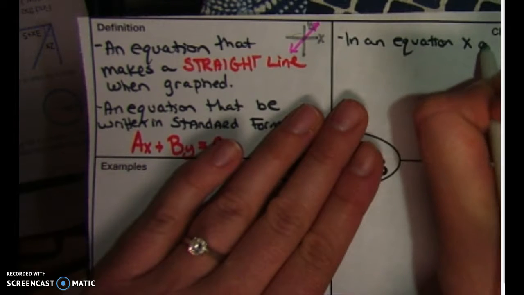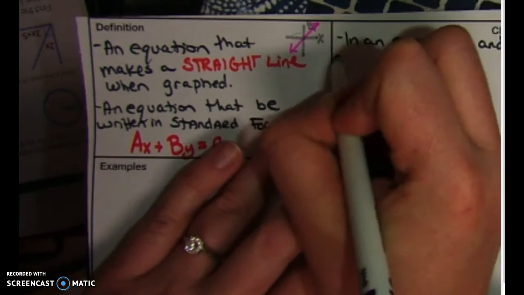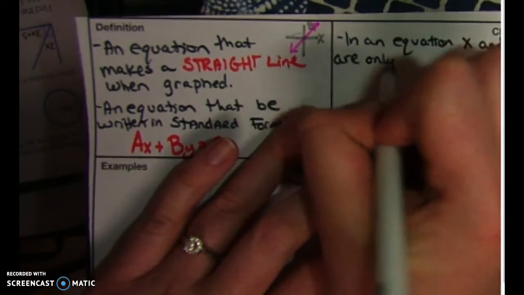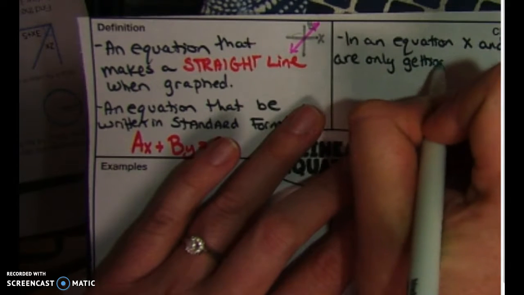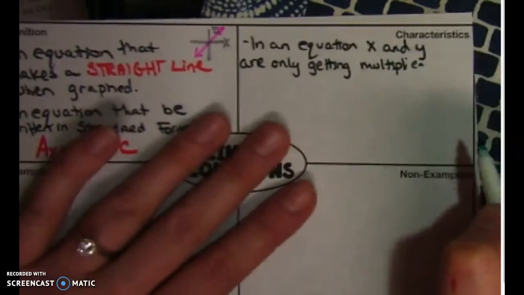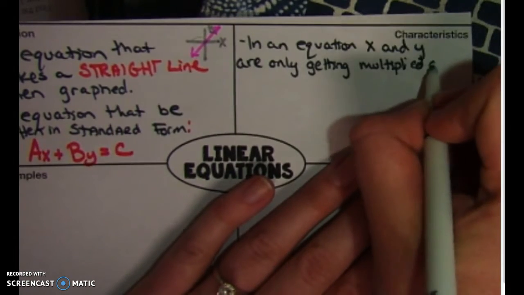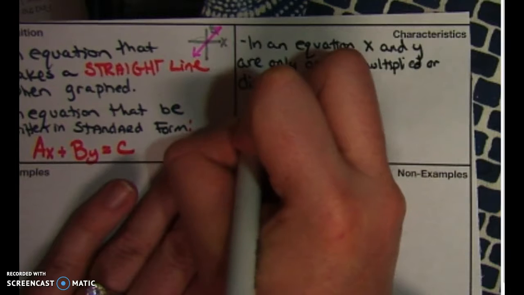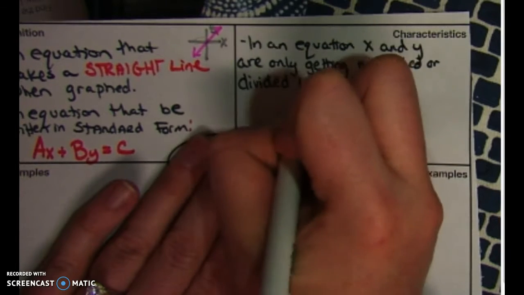the x and y are only getting multiplied, or divided, by a number.